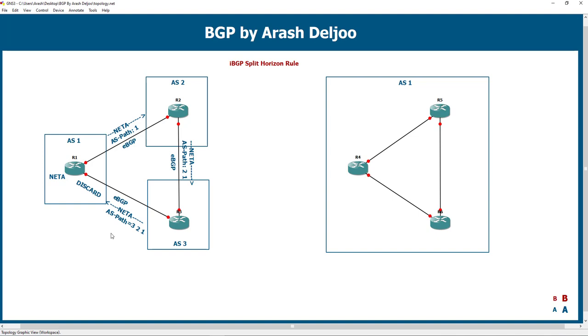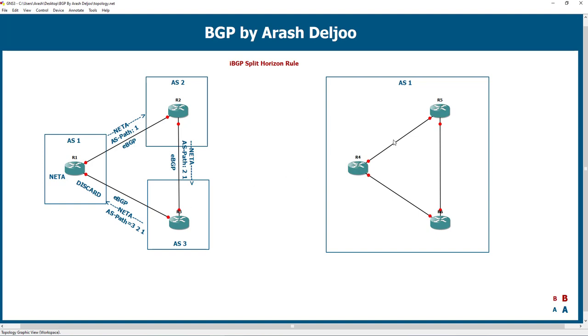You knew this from the first BGP videos, but I wanted to review it for you. R1 discards the packet, and this is the loop prevention mechanism of eBGP.